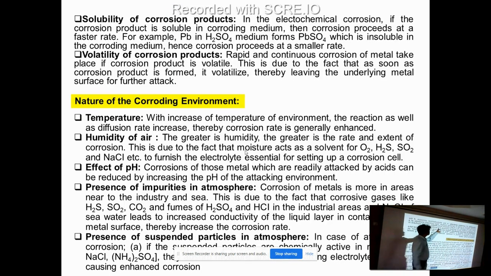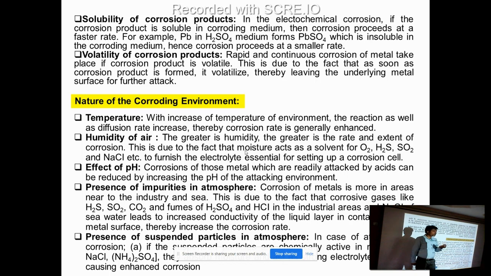The next point is the solubility. Solubility is also important because we have seen the four cases, in the first or maybe second class. What are the four cases? I dipped a nail in a tube and put some water. So four cases I have studied. What will be the case when sodium chloride is added? More corrosion.